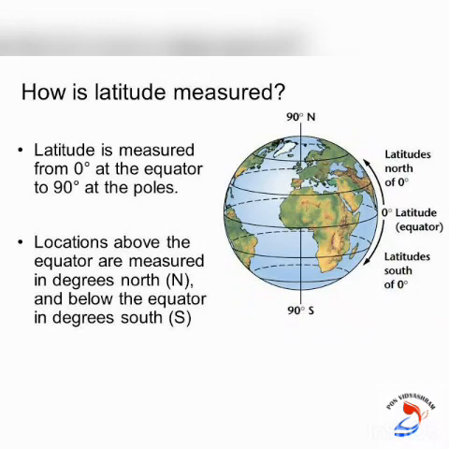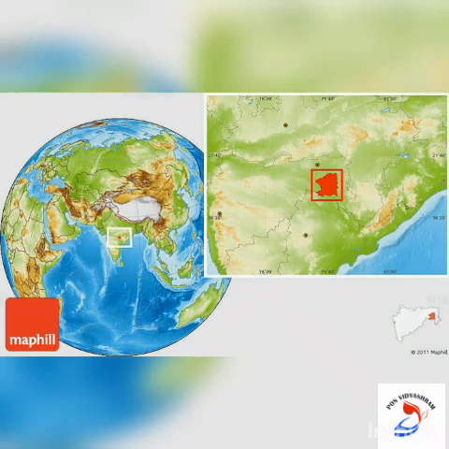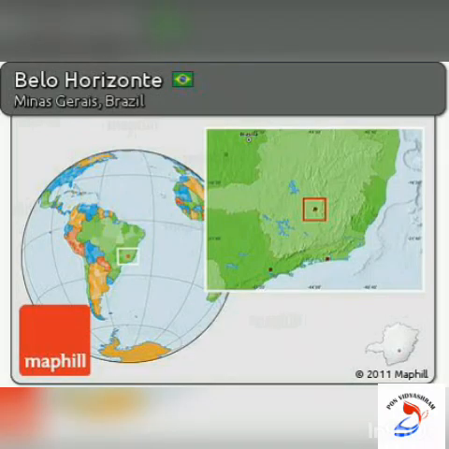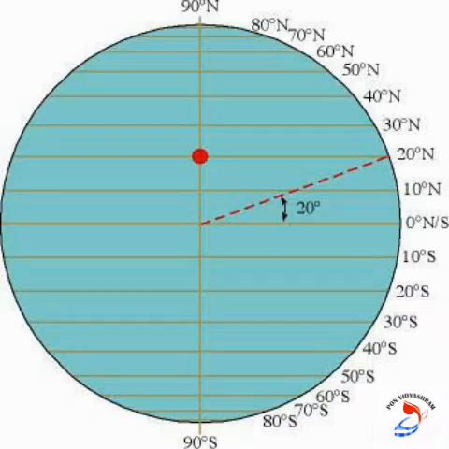For example, both Chandrapur in Maharashtra and Belo Horizonte in Brazil, South America, are located on parallels of about 20 degree latitude.